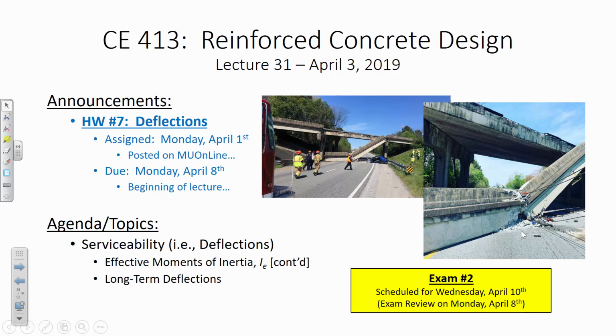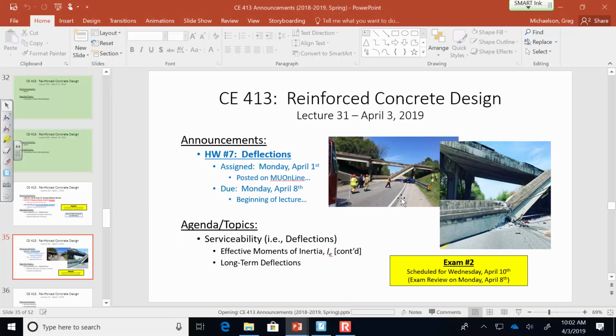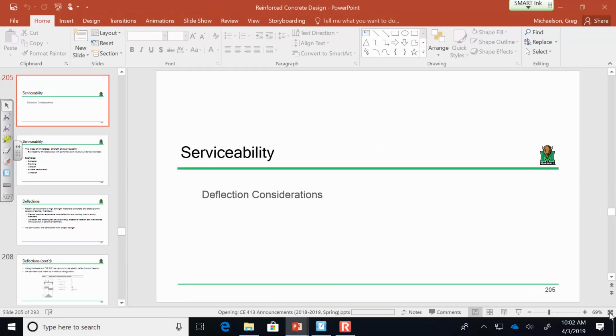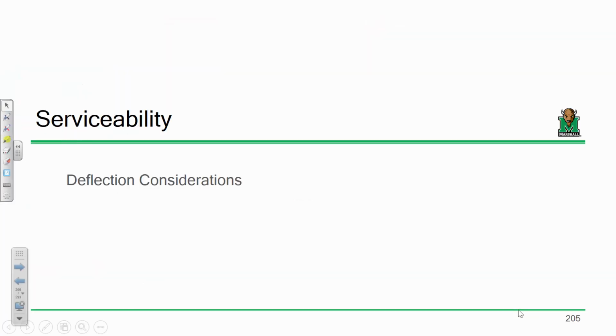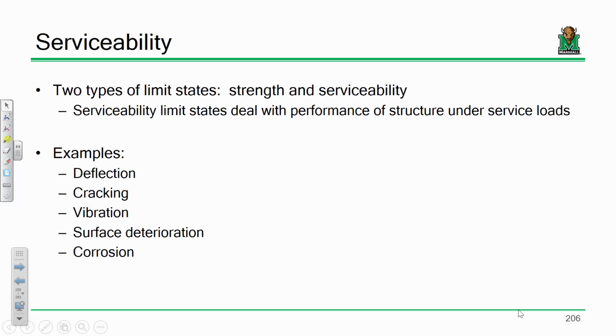But let's get back into the world of deflections, and make sure that we're all clear in terms of where we're at and where we're headed. Again, the big thing to remember, this is a service limit state, so we're not accounting for load factors, the 1.2 dead and 1.6 live, because if we violate a deflection limit, it does not necessarily mean what happened in Chattanooga would happen.